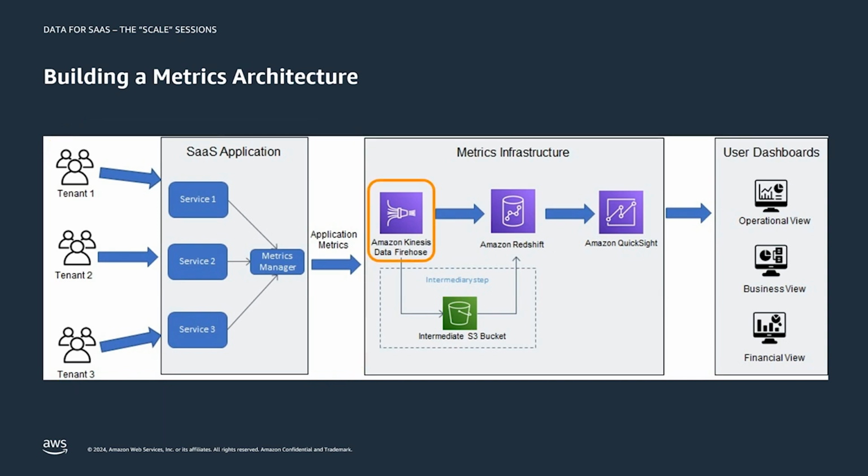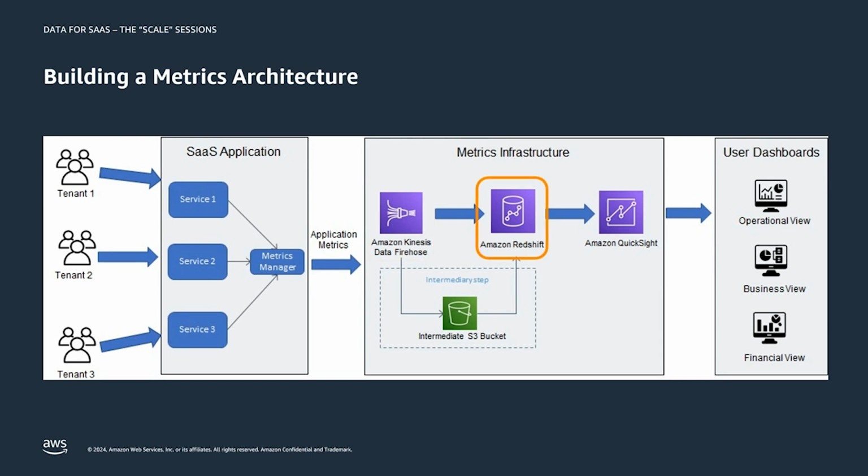That then flows through into a set of common services within AWS, in this case, Amazon Kinesis Data Firehose, which provides a scalable and serverless way of ingesting the metric data. Your application can publish these events directly to Firehose, or it can call them via the metrics manager that we've got on the screen there as part of a solution to simplify the effort involved.